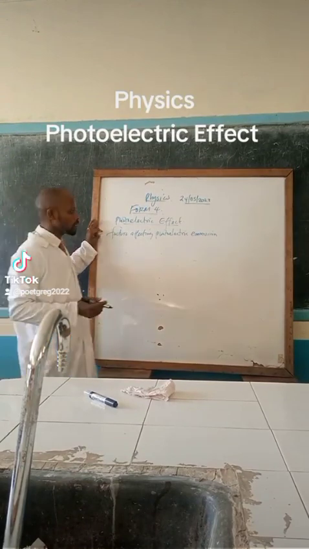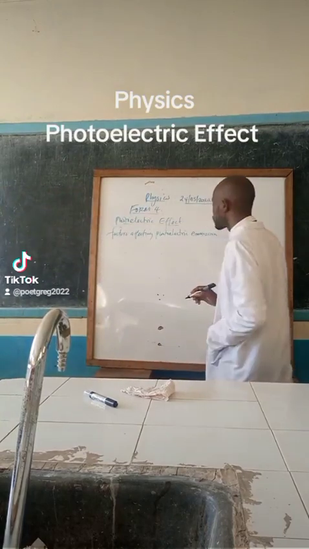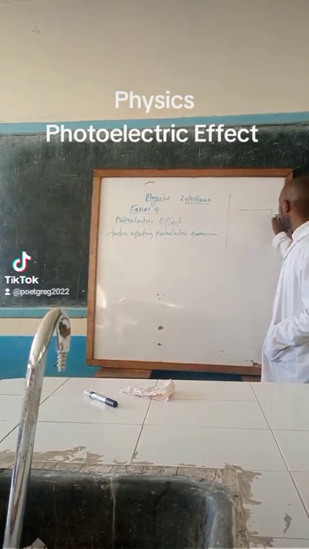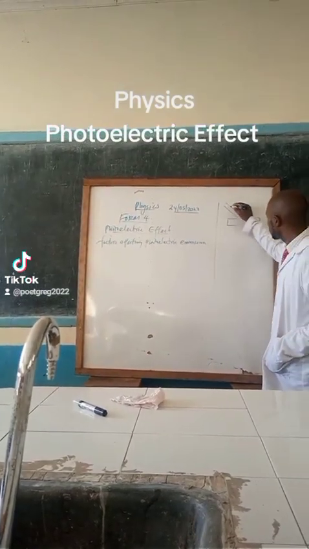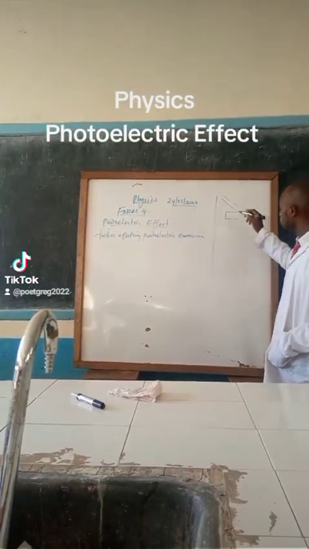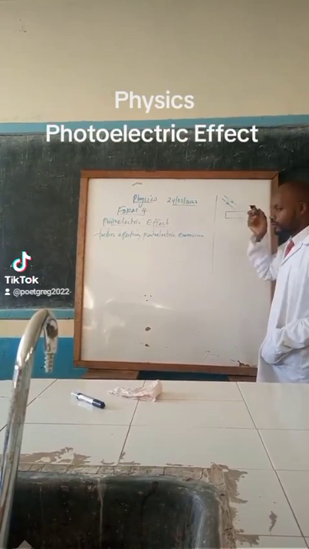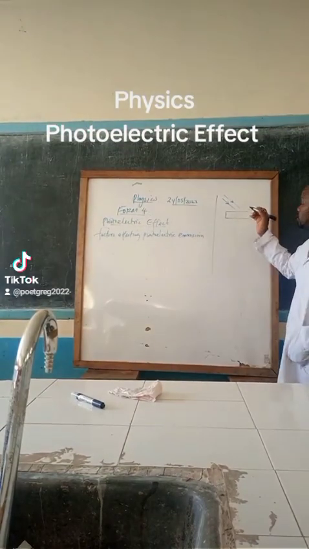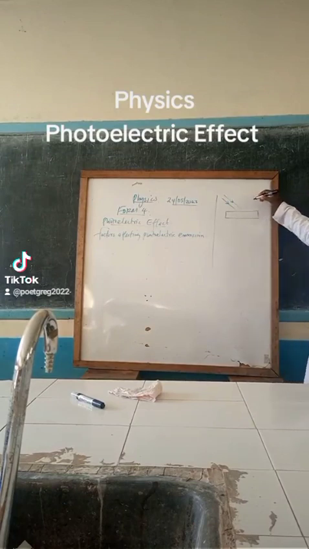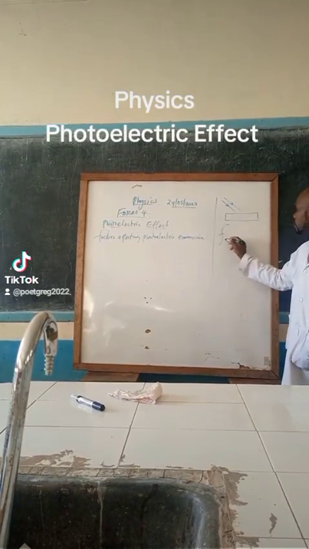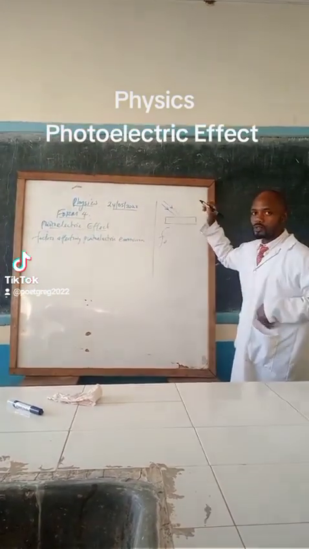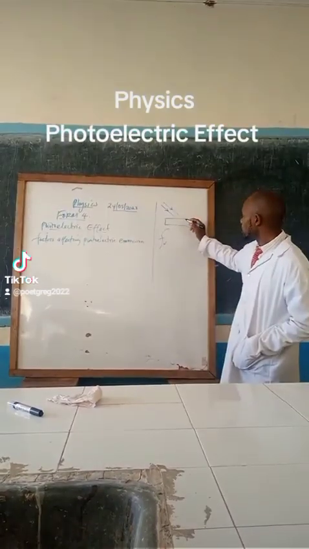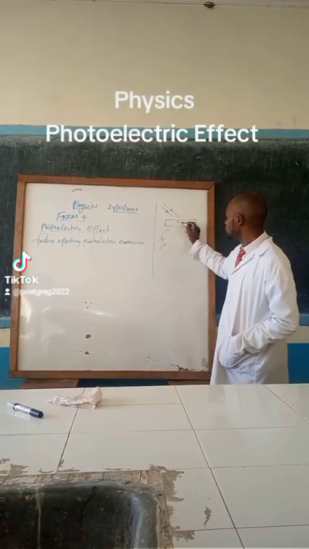Just from the prior knowledge, we saw that if we have a metal and we radiate that metal with radiation of a certain wavelength and frequency, if the frequency of light is able to go past what we call the threshold frequency, denoted as F0, then the radiation penetrates the metal and ejects electrons.